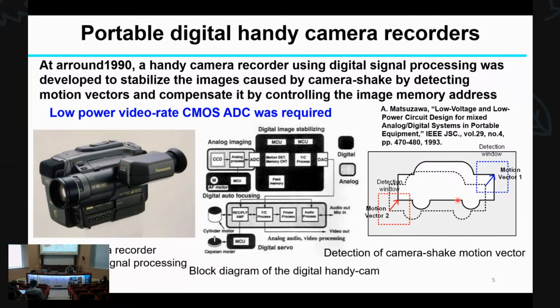The motivation is to stabilize the image against camera shake by detecting the motion vector and compensating it by controlling the image memory address. So a low power video rate CMOS ADC was required to realize such a digital processing system.